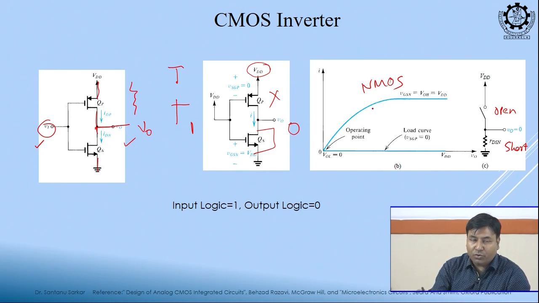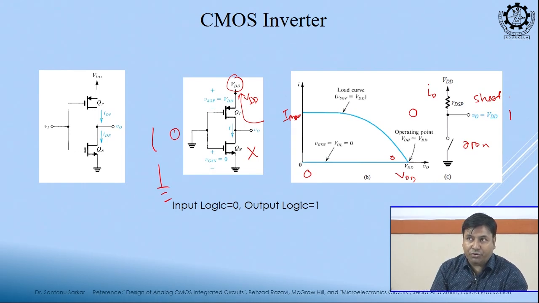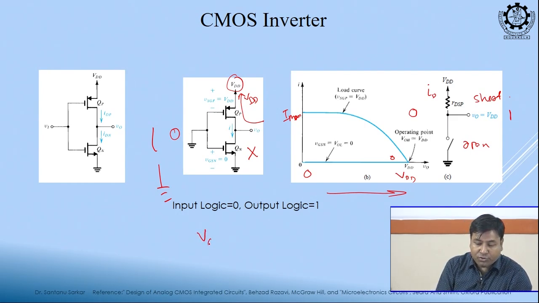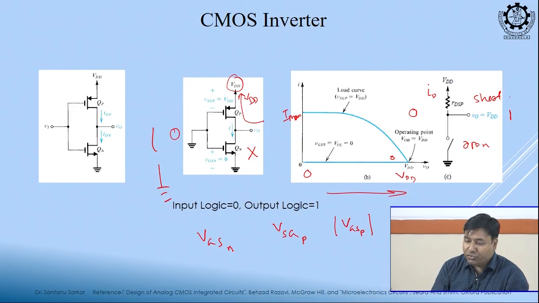It was from 0 to maximum, and this is from maximum to 0, because this input is behaving invertedly. In NMOS we are considering VGS, but for PMOS we are considering VSG or mod of VGSP. So, the plot will be just opposite.